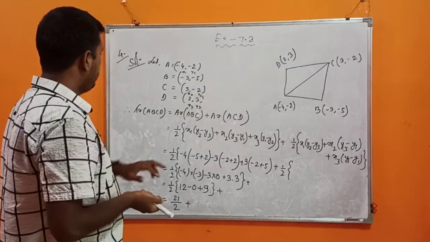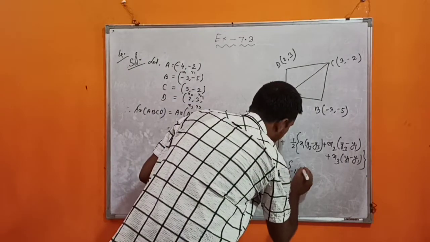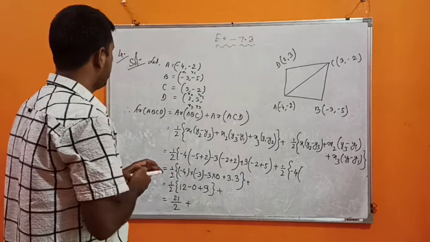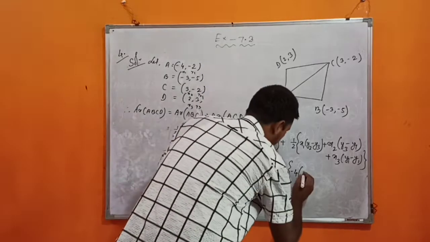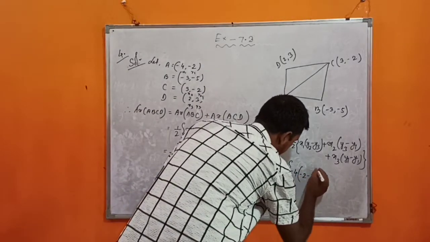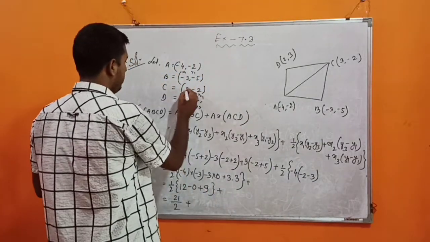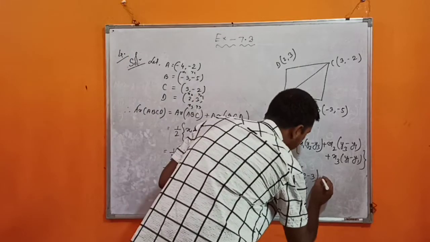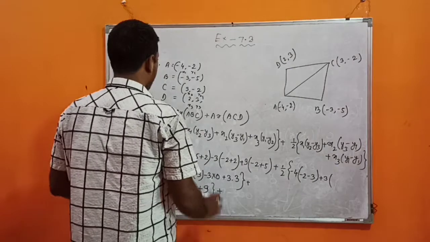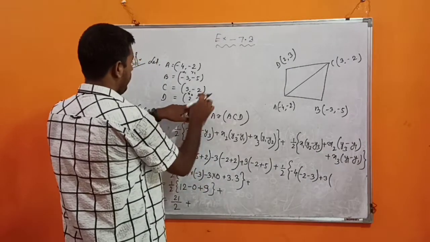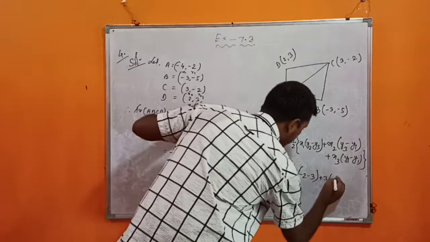So x1 is -4, times y2 minus y3; y2 is minus 2, y3 is 3, that is minus 2 minus 3. x2 here is 3, so 3 into y3 minus y1; y3 here is 3, y1 is minus 2, so 3 minus minus 2 will be 3 plus 2.